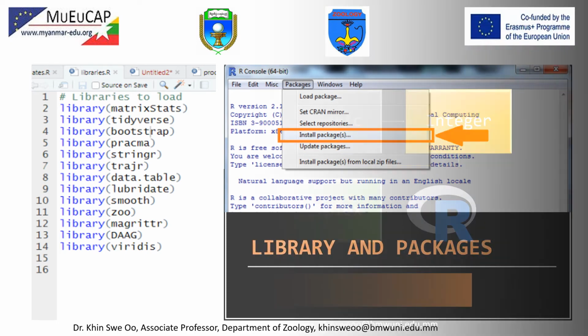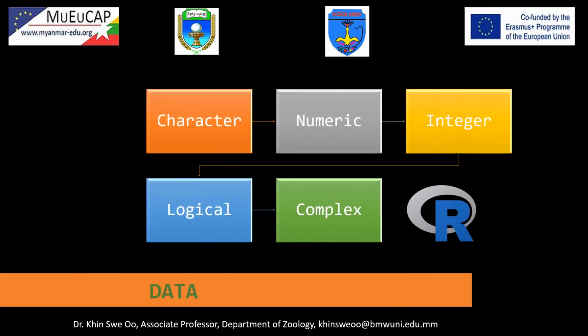To make the best of the R language, you need a strong understanding of the basic data types and data structures and how to operate on them. Everything in R is an object. R has basic data types including character, numeric, integer, logical, and complex.